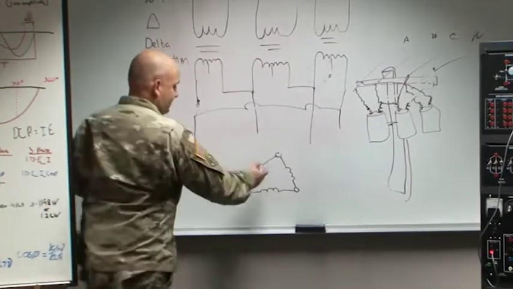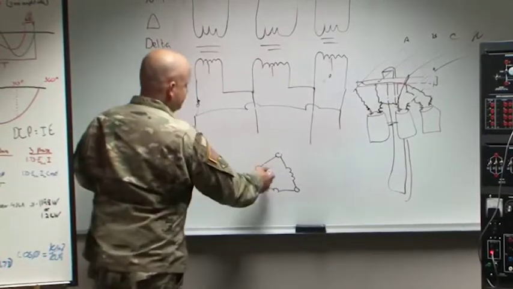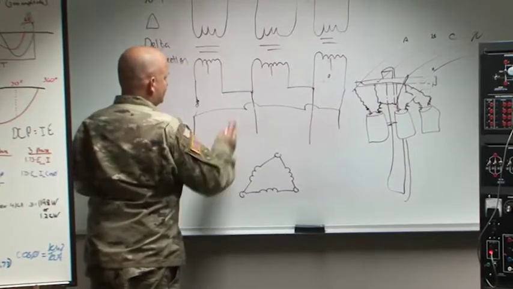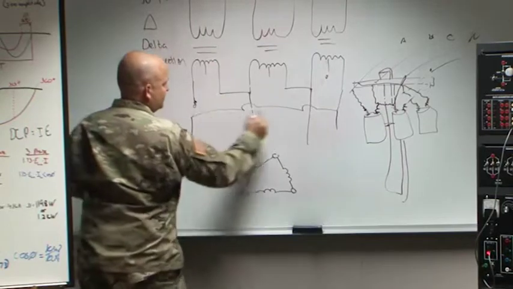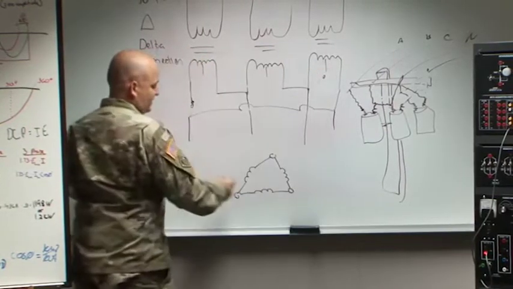And you can see how, or you should be able to see how, this is what I did right here. So now I've got A coil, B coil, C coil, and I can see this continuous loop that I just created within these coils is this.